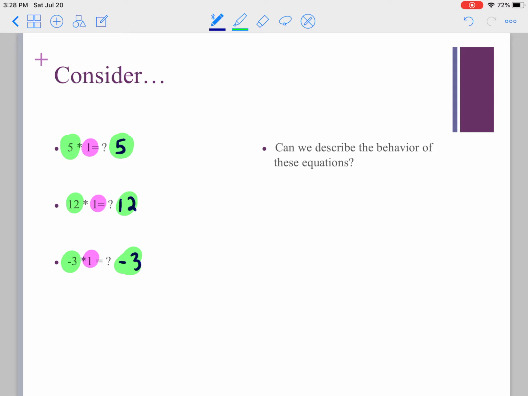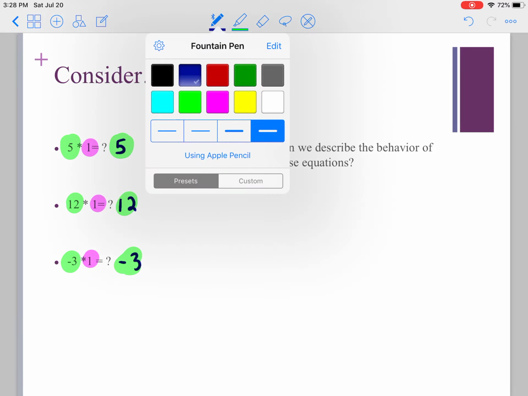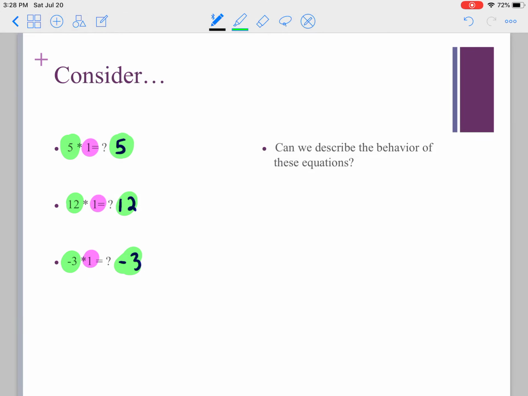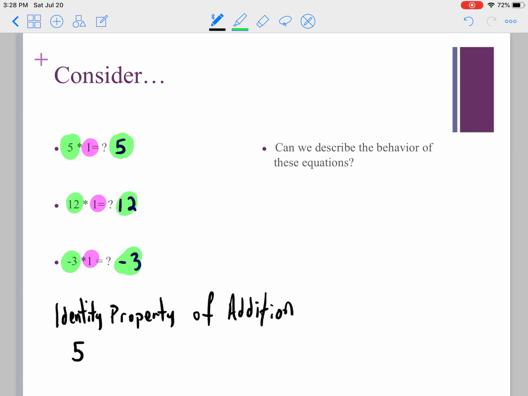And if you're curious as to the similar but not exact, this is one of the nuances that I was discussing earlier. The identity property of addition does not add a 1. It is the addition of 0.